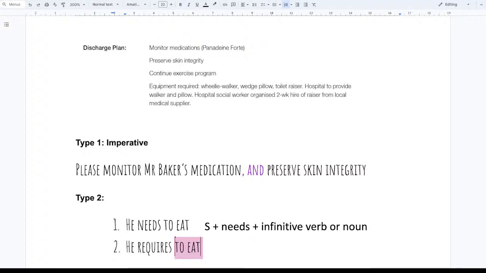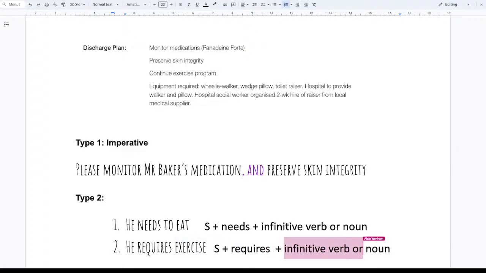You're not allowed to say verb here after requires. Okay? So the rule is just he requires exercise, like this. So here the rule is different. The rule is subject plus requires plus noun only. Okay? So he needs to eat, he requires exercise.